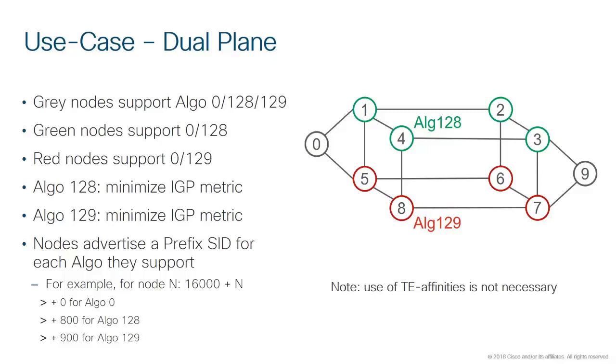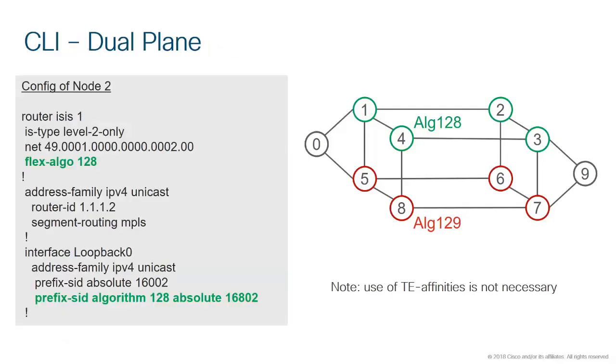No. In fact, you see that simply by the allocation of which node is part of which algorithm, you can already build a dual plane design with flexible algorithm. Obviously, if you want to also use the affinity exclusion, you could, and I'll show this in the next slide.